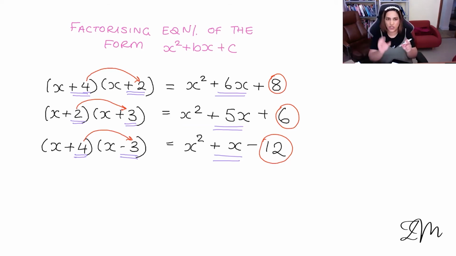We're essentially going to look at both numbers and say what numbers can we find to add to something and to multiply to it. It gets trickier when we get a letter in front, but I'll show you a really cool trick for that. But for the moment, we're looking at factorizing in this form, x squared plus bx plus c.